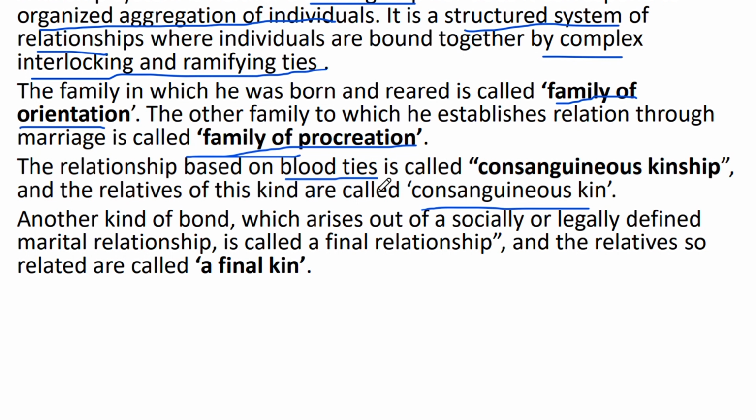Another kind of bond, which arises out of a socially or legally defined marital relationship, is called affinal relationship, and the relatives so related are called affinal kins. So marital means marriage relationships.